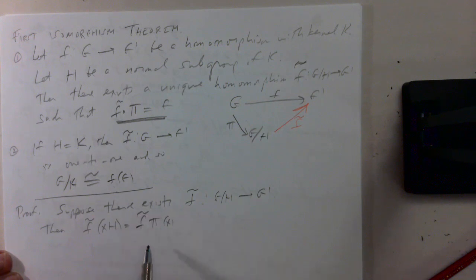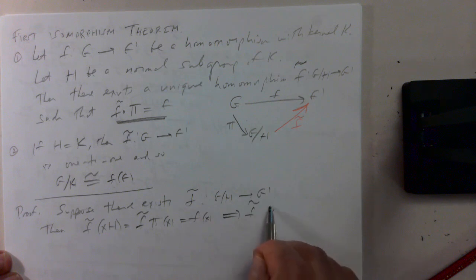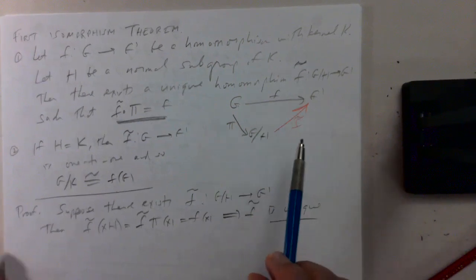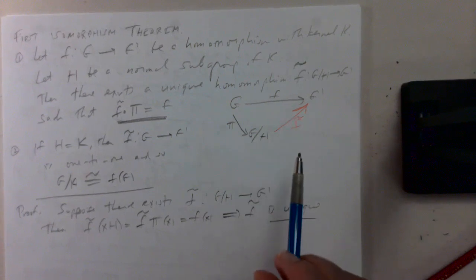Pi of x is xH. But f tilde pi is the same as f. So we have no choice about what f tilde can be. So f tilde, if it exists, is unique. This says there's really at most one function from here to here that's a group homomorphism and satisfies this condition.